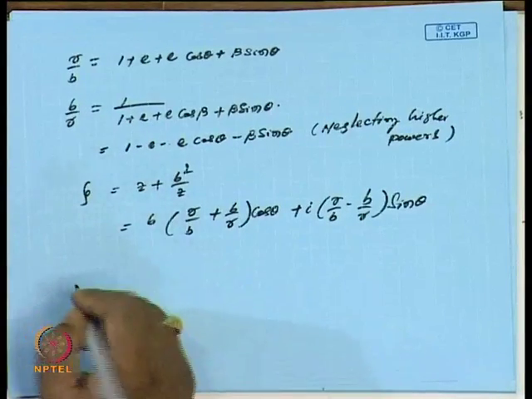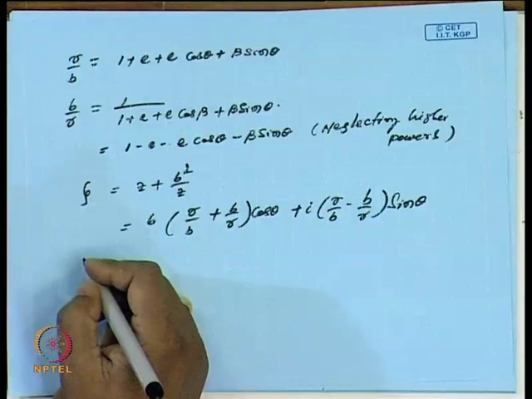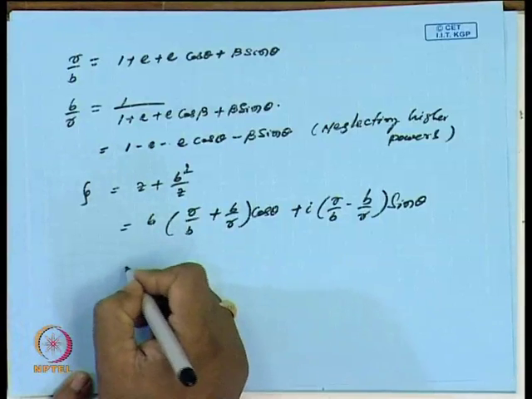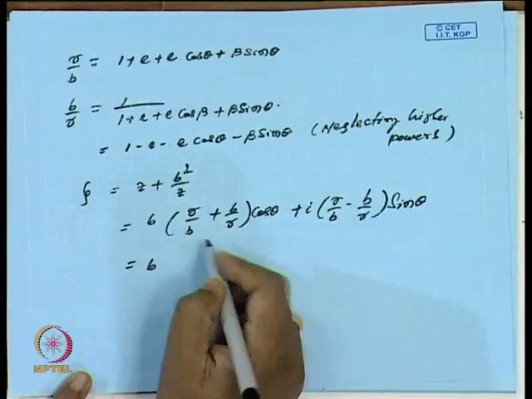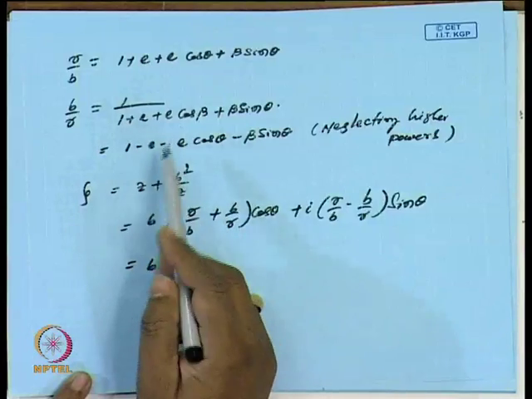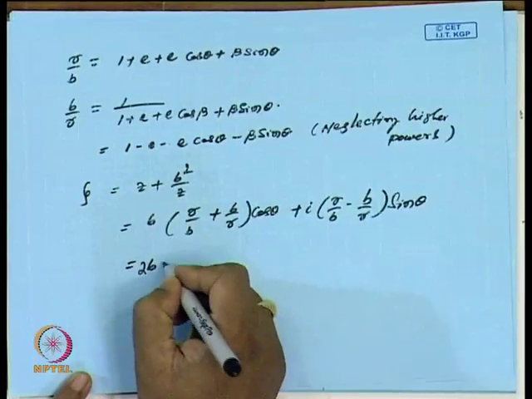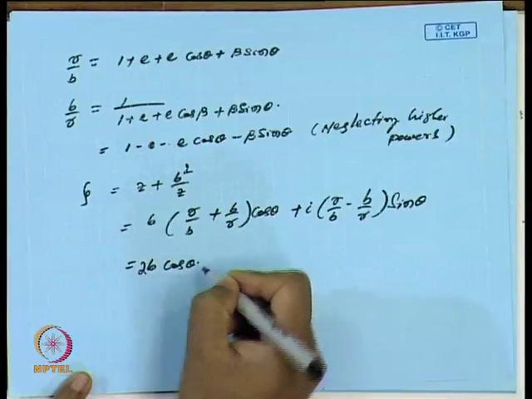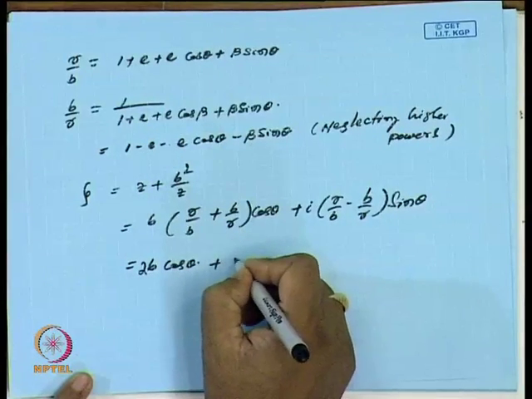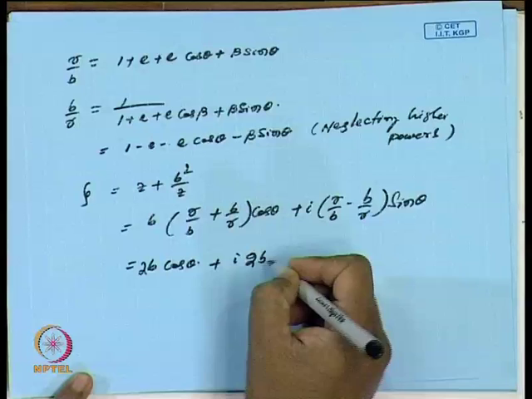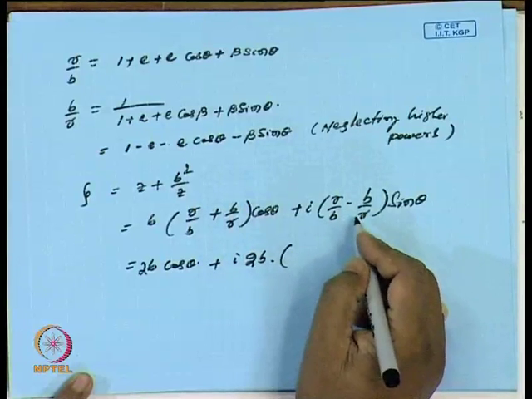So now if I substitute, b into r by b plus b by r, if I add these two, that will give me 2b cos theta plus i times 2b into r by b minus b by r.